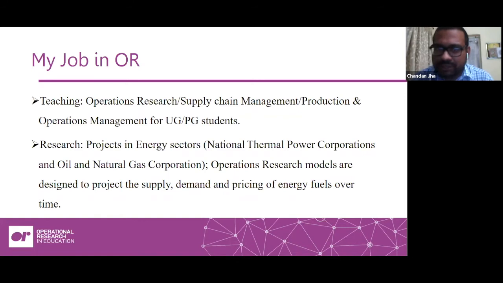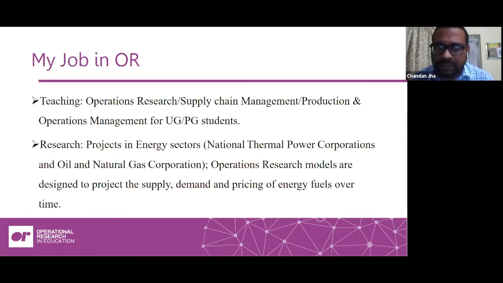Academics includes teaching responsibilities, with different subjects related to operational research, like operations research, supply chain management, production and operations management. In each and every subject, we can use OR models. OR models help in many ways to solve business problems, industry problems, or even day-to-day real-life problems.